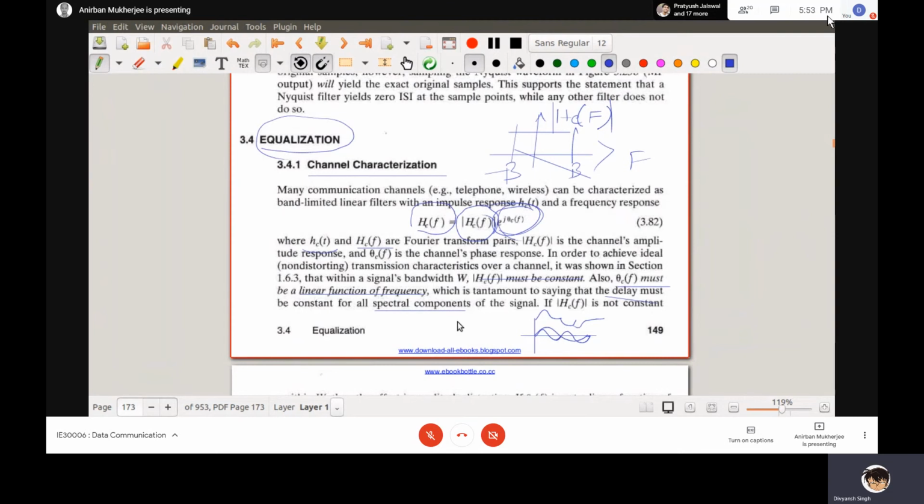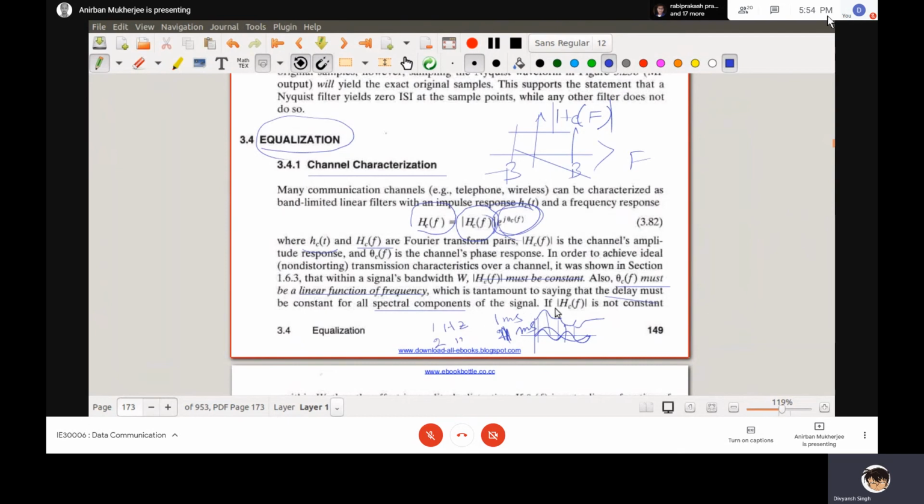The basic point is that if the 1 hertz component gets a 1 millisecond time delay, the 2 hertz component also should get this 1 millisecond. Please remember, then only at the receiver side will both add instantaneously, and we get a distortionless signal. Whatever signal envelope you have seen at the transmitter side, the receiver side will also get the same.